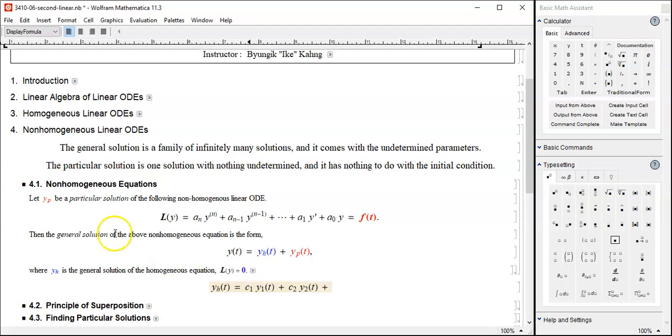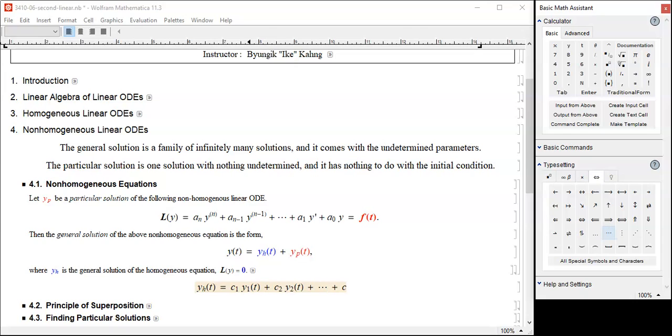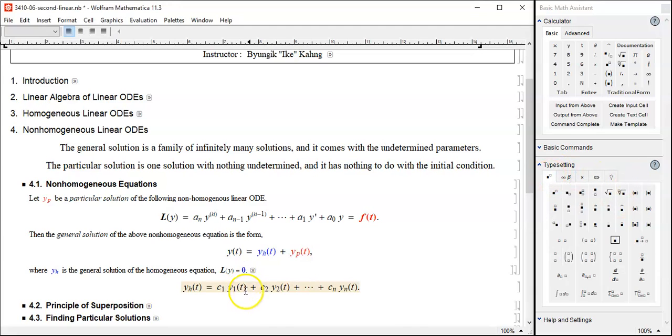Now, if you have general terms like this, then you're going to get arbitrary n. So this is a linear combination of n linearly independent solutions of the homogeneous equation Ly equals 0. That's the general solution. Now, if I put this into this expression, what do I get? This is what I'm going to get.